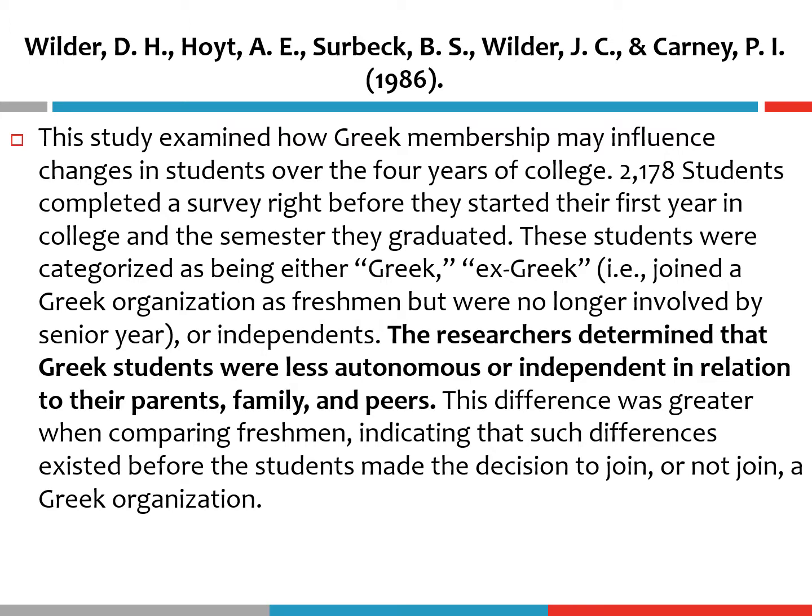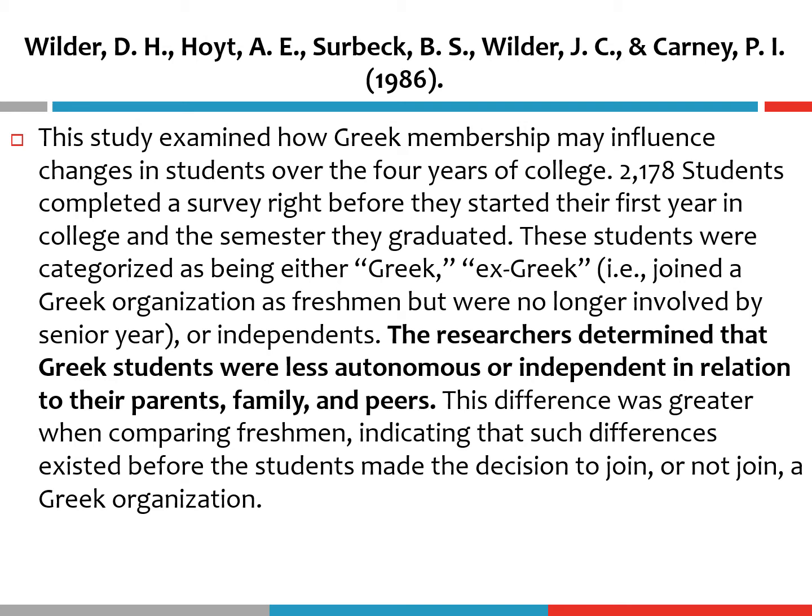Okay, and lastly, this was a widely distributed survey that again was looking at differences between students. So this particular study was interested in how joining a sorority may influence changes in students over their 4 years of college, right?